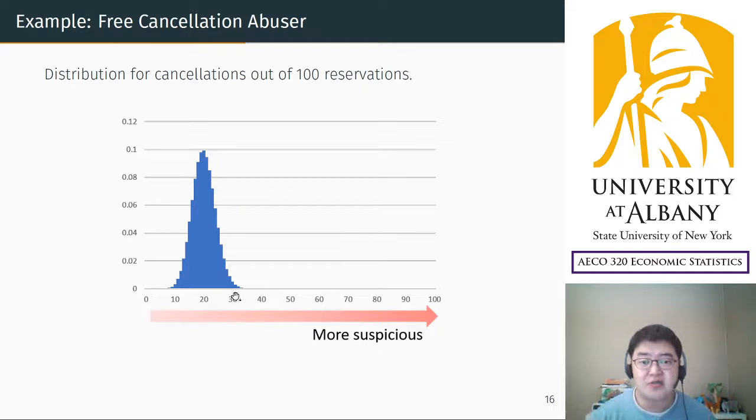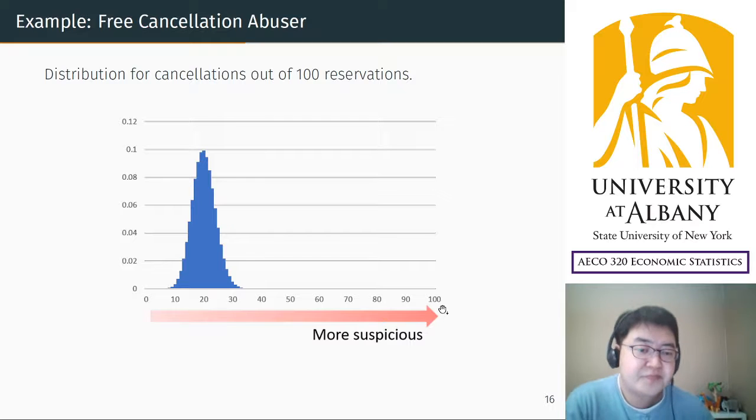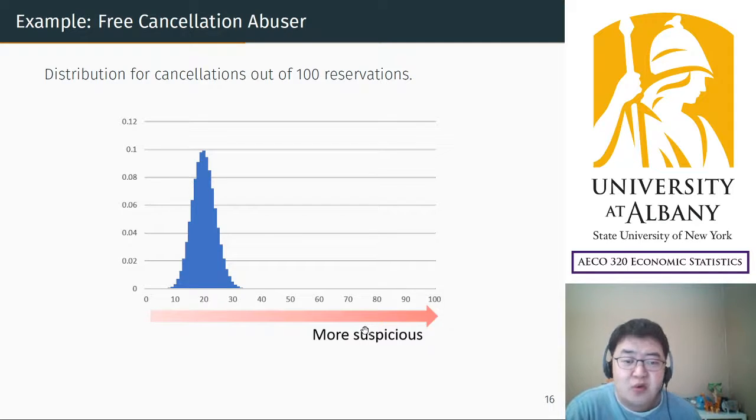For 100 reservations, the distribution is also a binomial distribution, but the parameters are different. So the probability looks like this. Even though it seems like there is nothing, there is a very small probability, 0.00001, on each of the values. So it becomes more suspicious as they cancel more, and you have to draw the line. Where do you draw the line?